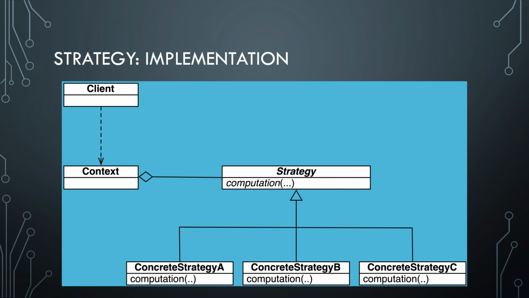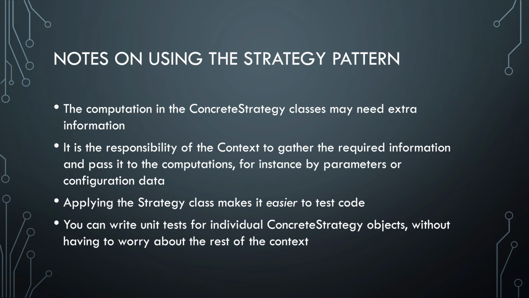This is the generic UML diagram of the strategy pattern. As you can see, the movie and sales order examples that we looked at before follow exactly this structure. Concrete strategies may need some extra information when computing the tax rate.